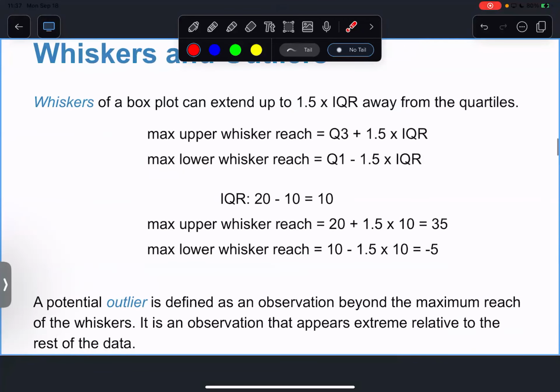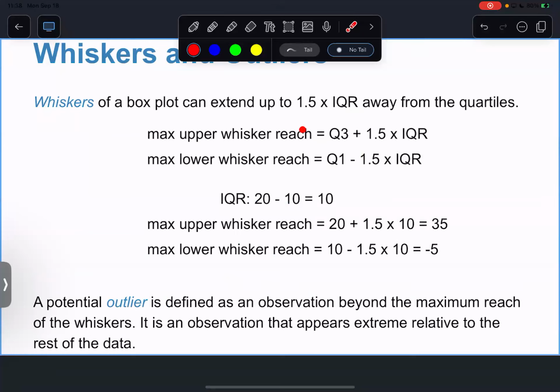So those whiskers and outliers, whiskers of a box plot, just as a rule, we tend to use 1.5 times the interquartile range as an allowable distance from the quartiles. Easier if you use mathematical notation.